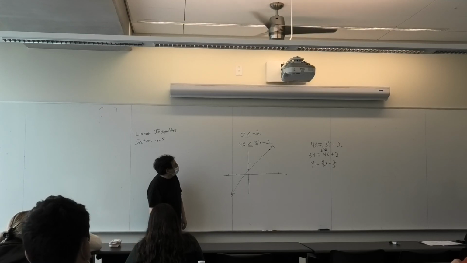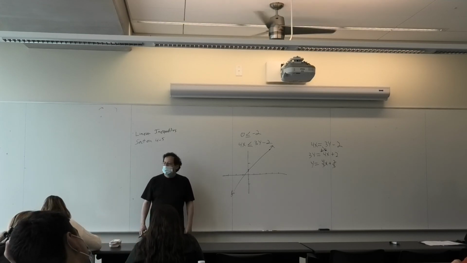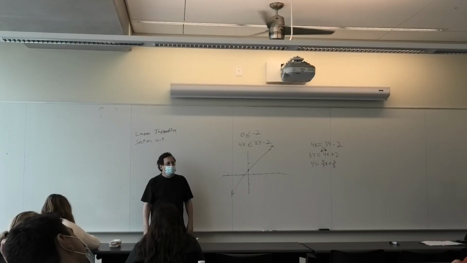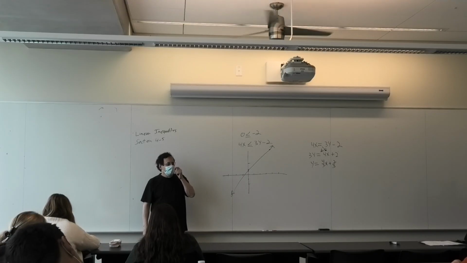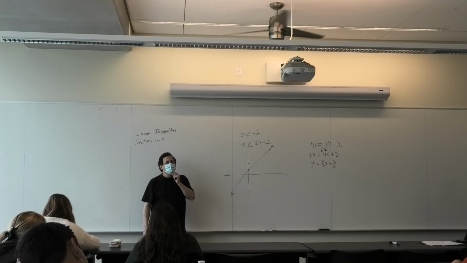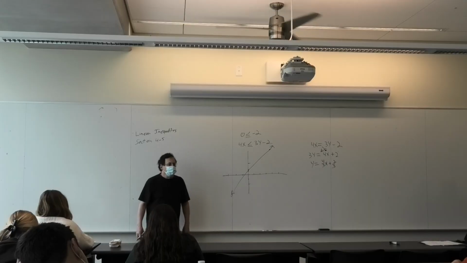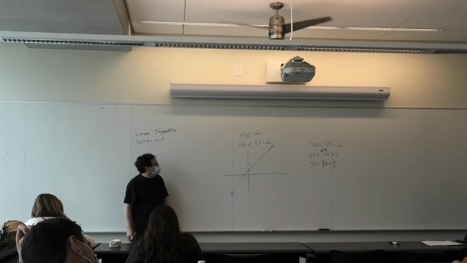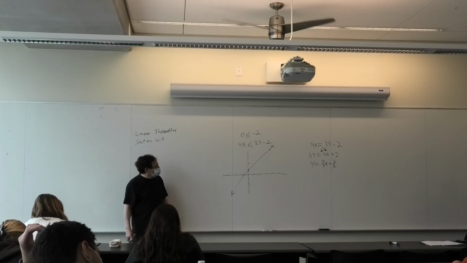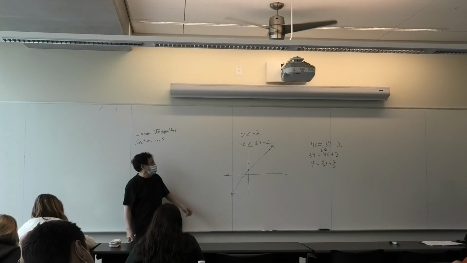0 is less than or equal to minus 2. It's false, of course. Negative 2 is less than 0. Less than or equal.